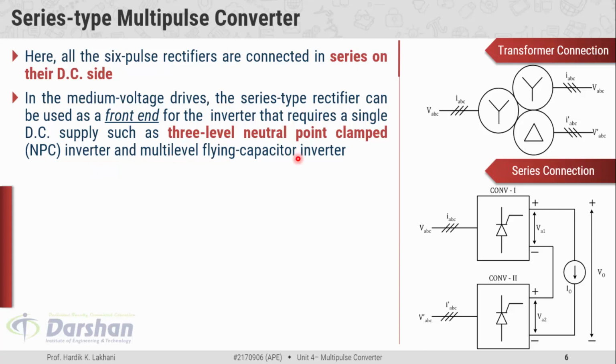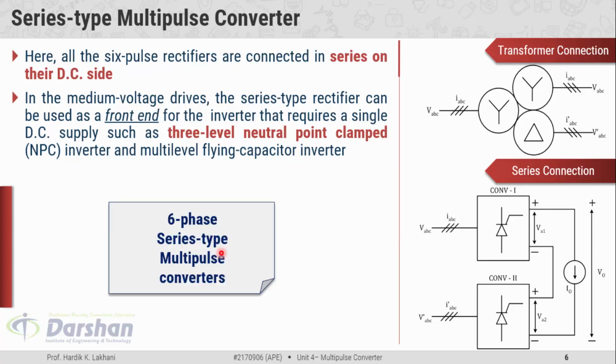So this type of multipulse converter can become the DC source for the multi-level inverter in medium voltage drives. This series type multipulse converter is also known as the 6-phase series type multipulse converter.